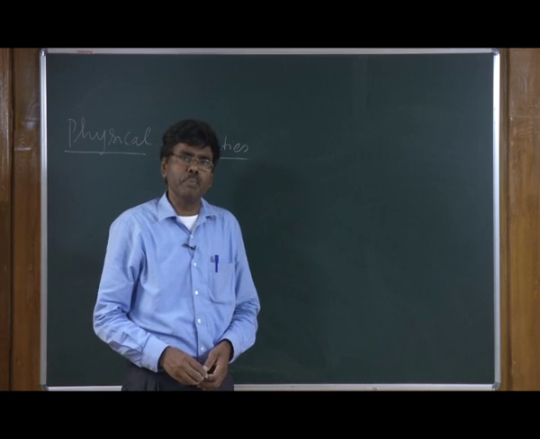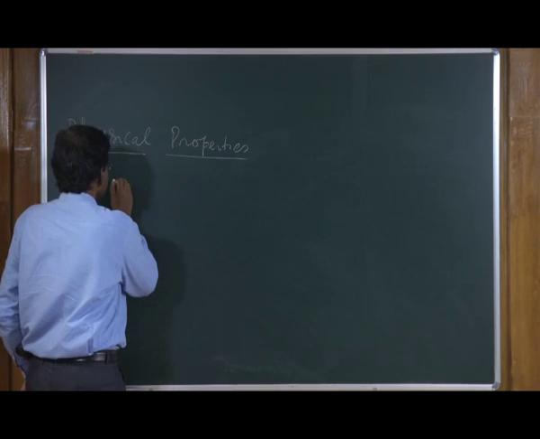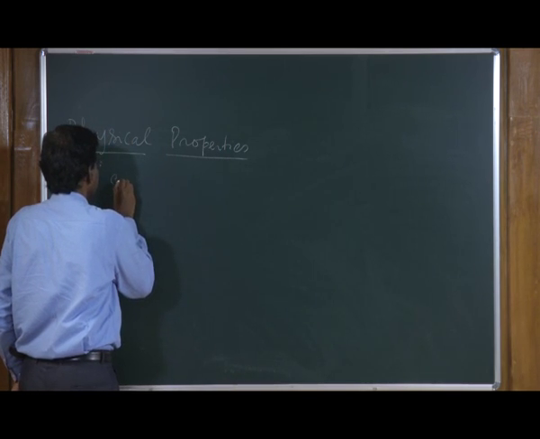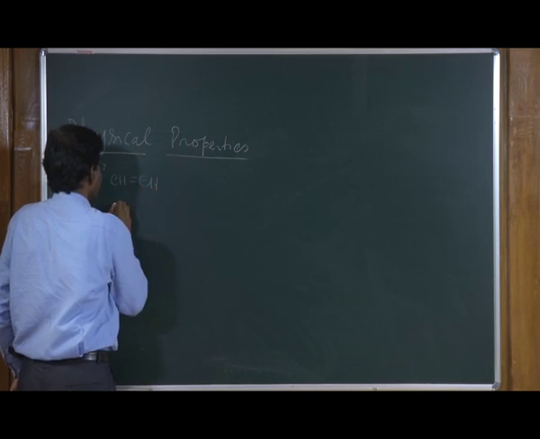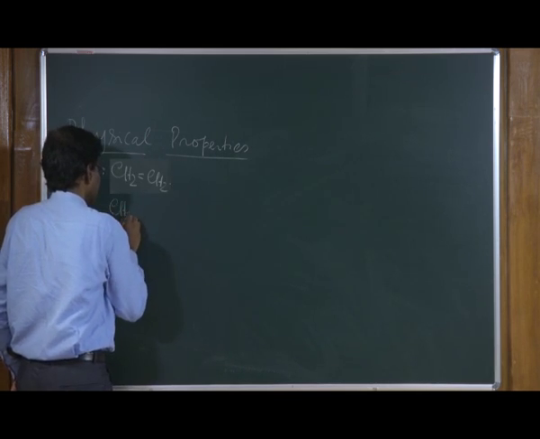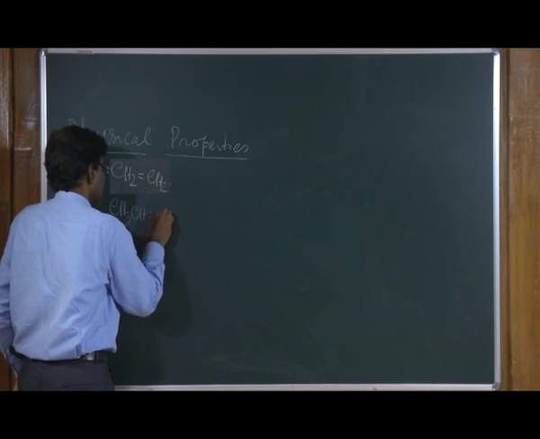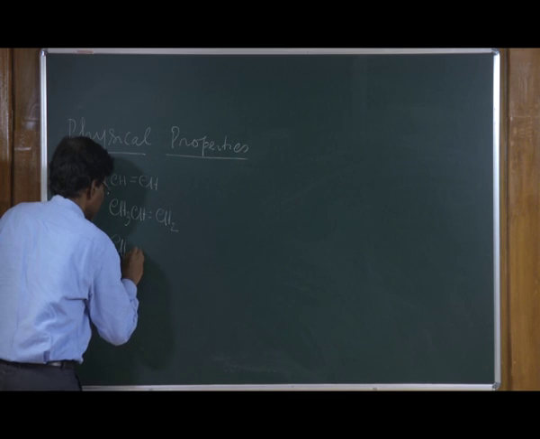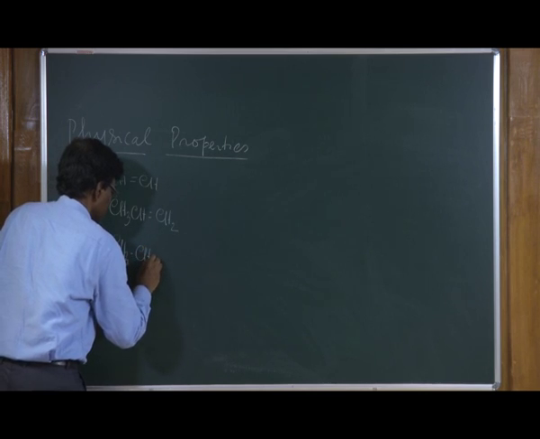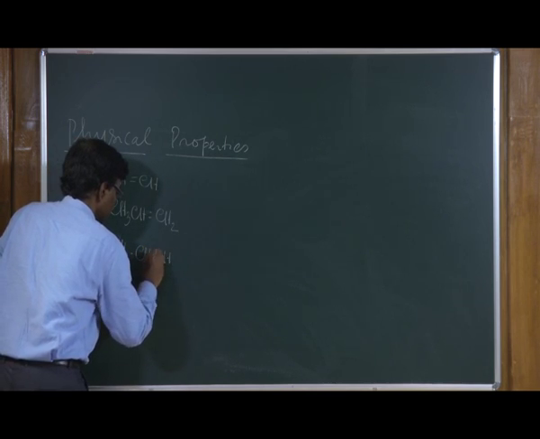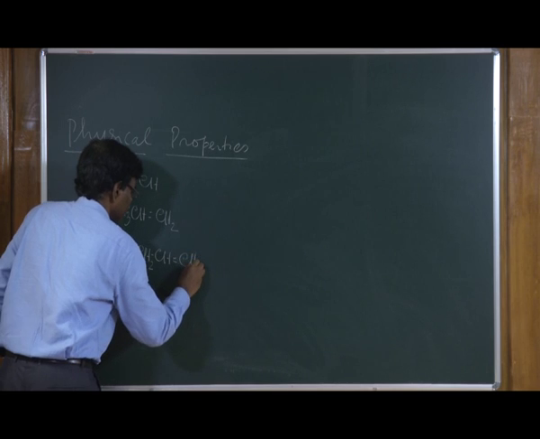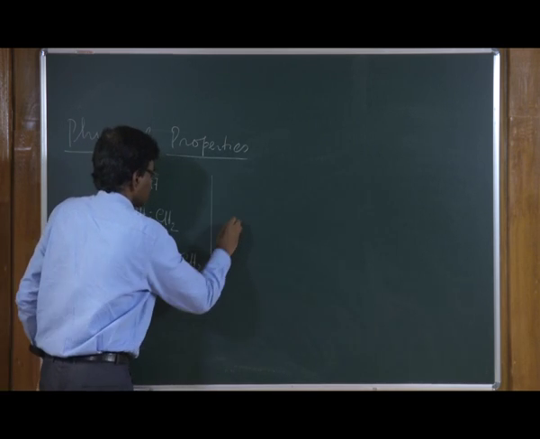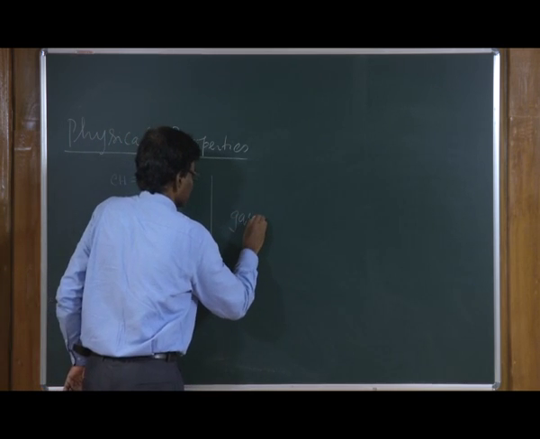The first three members of this series, ethene, propene, and butene, they are gases at room temperature.